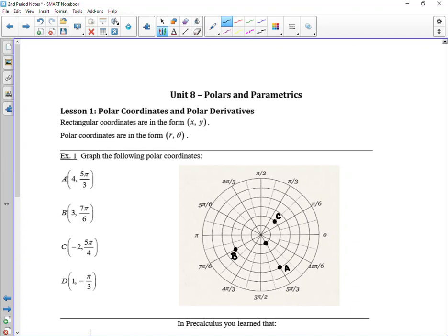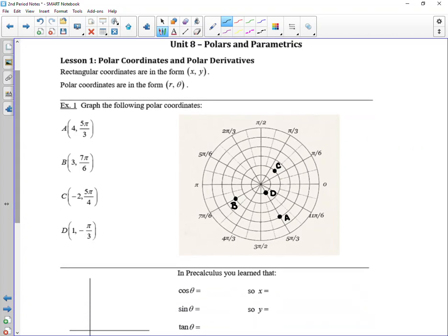So maybe I'm on. Okay, did you plot? Should look like those. I was right. So, do you guys have any questions with how to plot any of these polar coordinates? No? Oh yeah, excellent.